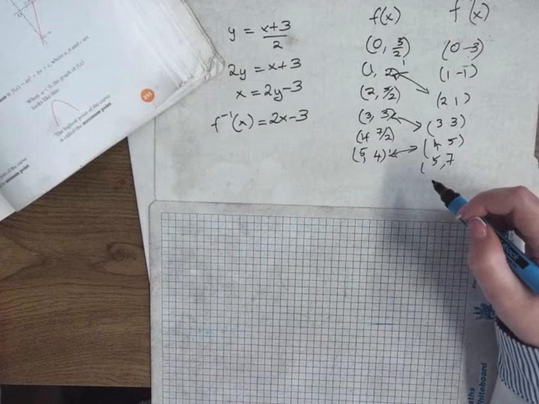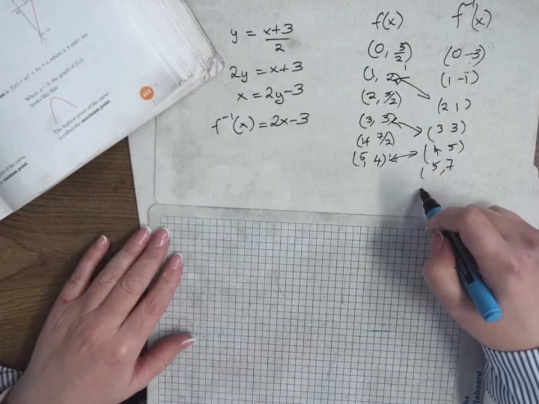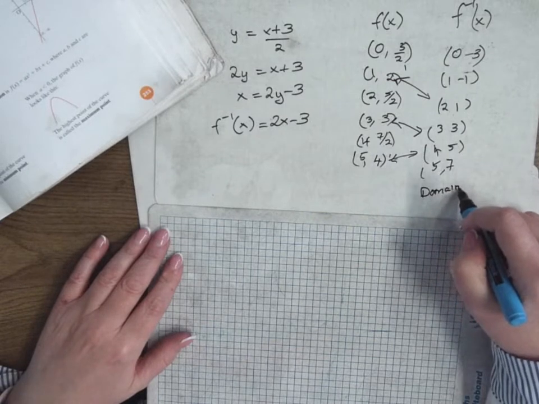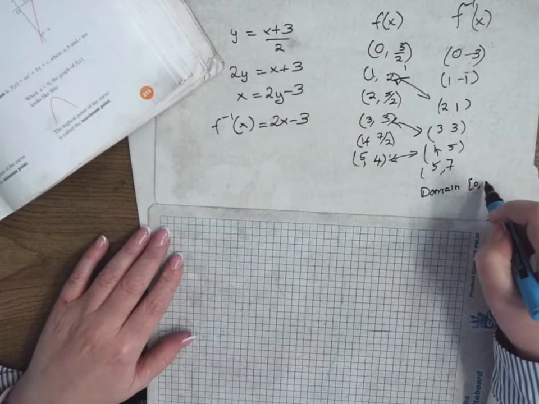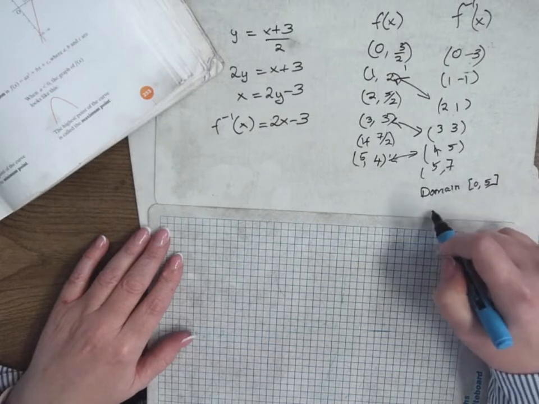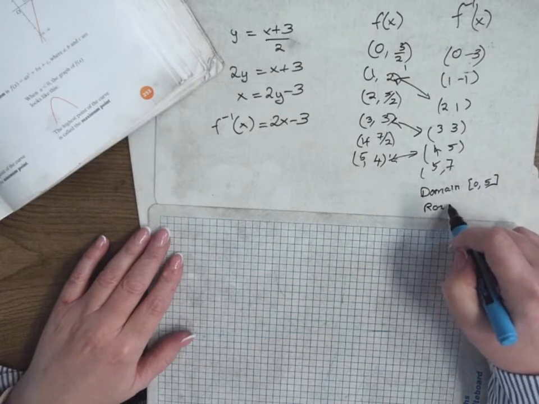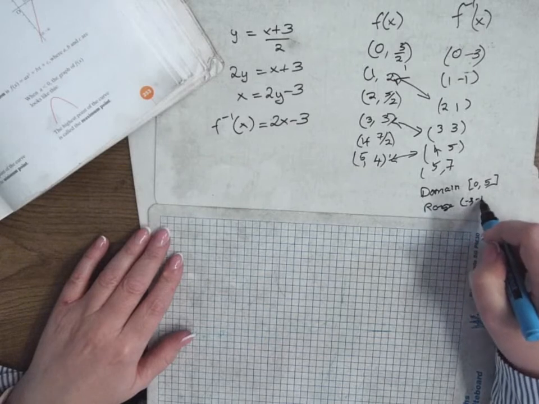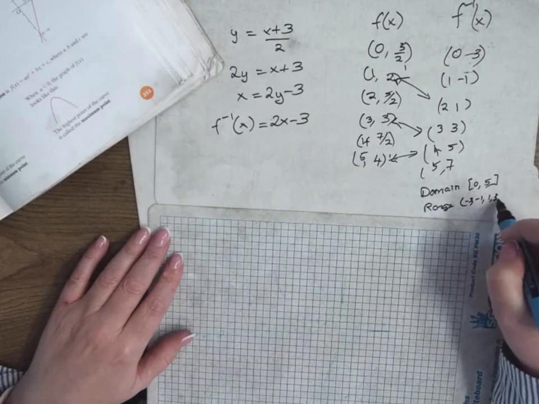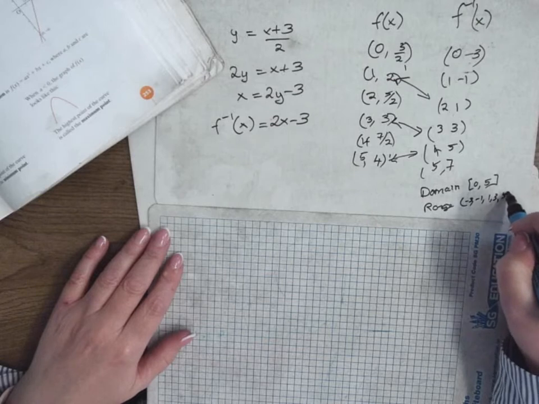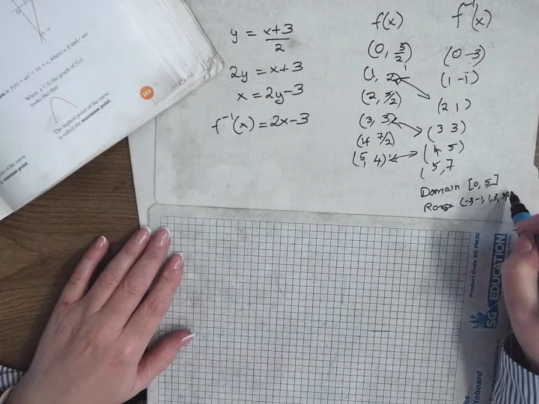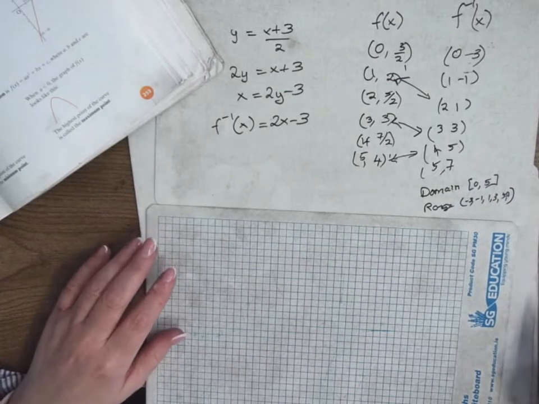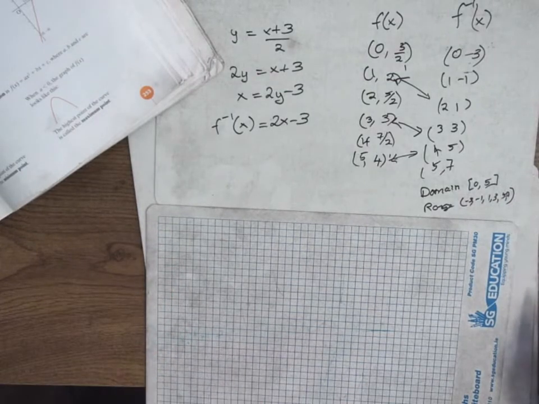So the domain is [0, 5], and the range is minus 3, minus 1, 1, 3, 5, 7. Is that all right? Okay, that's all you have to do there.